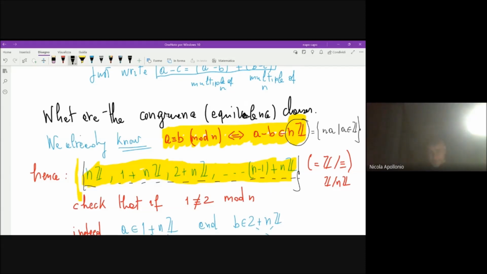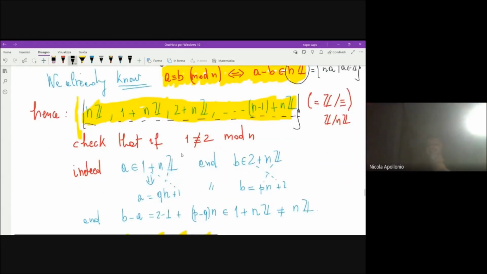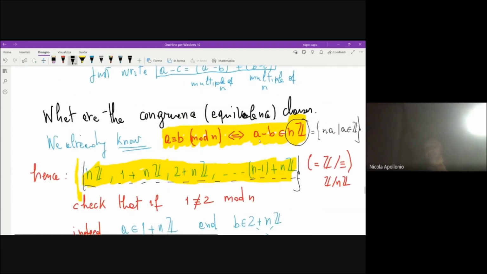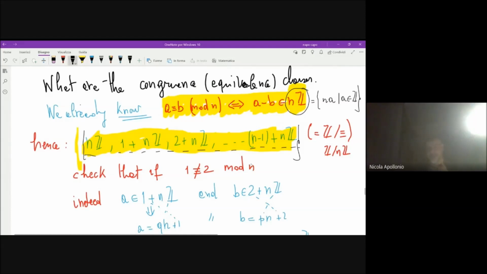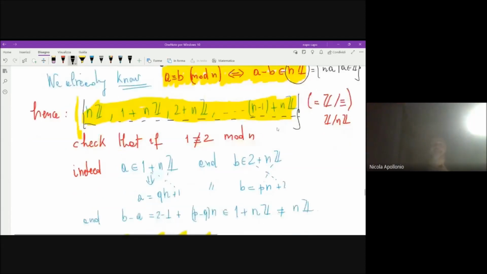Before putting this representation, let us check, for instance, that if A and B are congruent modulo n, they belong to nZ, but what happens if A is not congruent to B modulo n? For instance, if A belongs to 1 plus nZ.